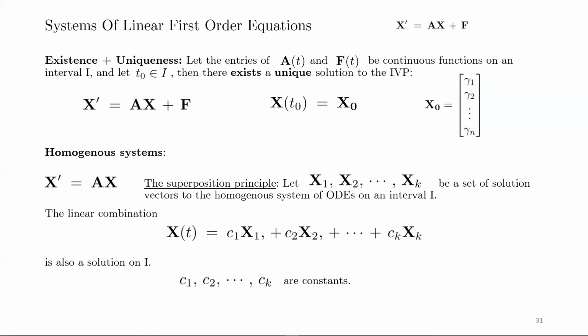But of course, if we have multiple solution vectors to our ODE, we also want to check if they are linearly dependent, because x1 could just be 2 times x2, which would make it dependent.